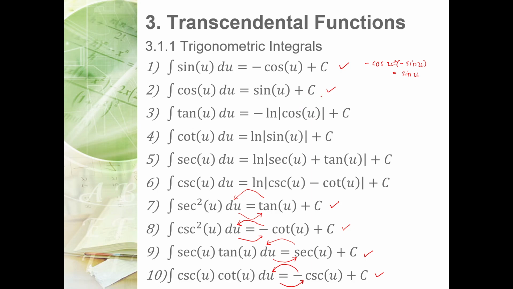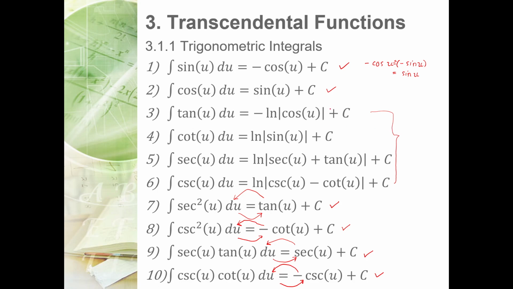Now for formulas 3 to 6, these are your new formulas coming from the integrals. If you observe the value of the indefinite integral for formulas 3 to 6, these are ln, meaning there are natural logarithms.